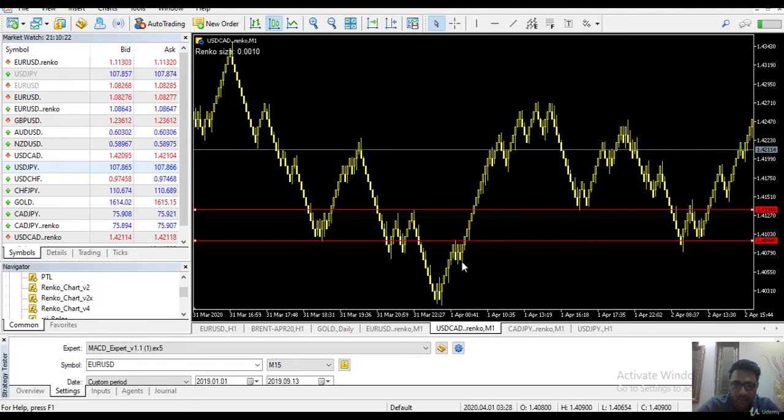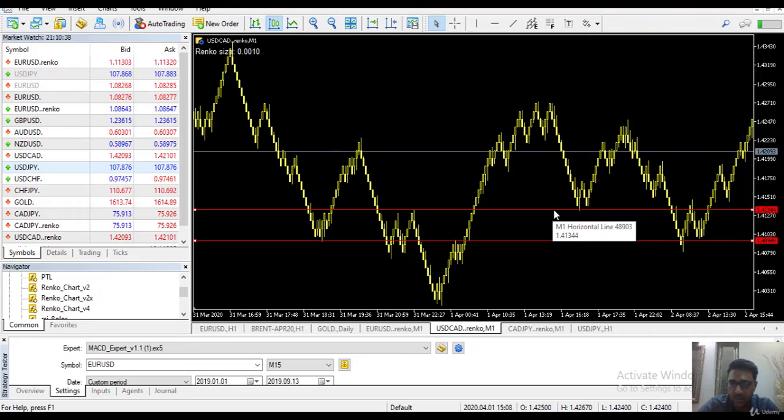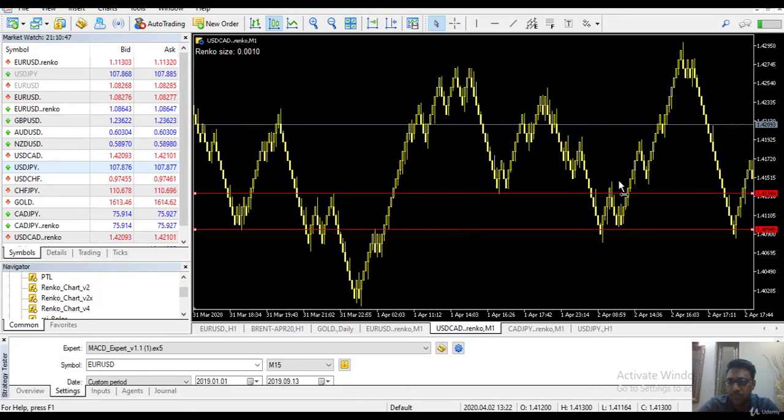It reacted to this area, went up and broke out, and then when it came back to this area, it went up high, reacting on the top of the support area. This whole area is the support area. This is the lower part and this is the upper part. It reacted on the upper part, went up, and then when it came down, it reacted again on the lower area and went up again, right?